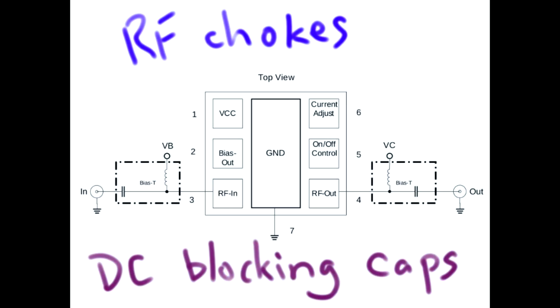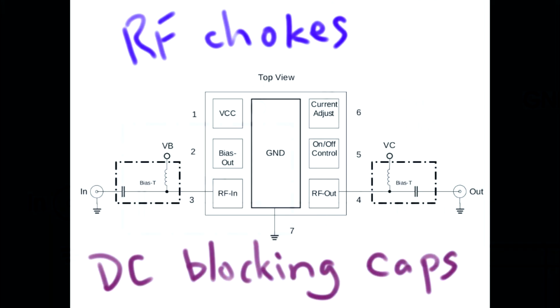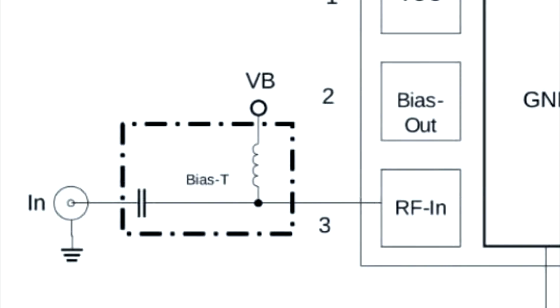This actually has one on the input and the output. But what you see here is an inductor that carries DC power and delivers it to the amplifier that way. And then you see a capacitor that blocks that DC, a DC blocking capacitor. Now, that prevents that DC from going anywhere else.